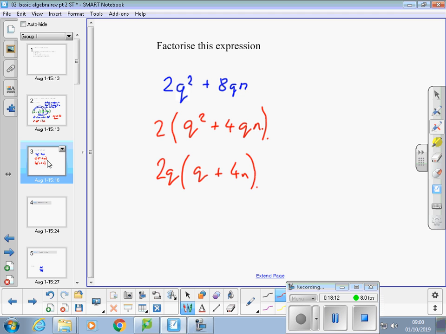Sometimes there's two different things that you can factorise, but you can't factorise both of them. So again, there might be two variables and I could factorise q or I could factorise n, but the way the expression is, I can't get both of them outside brackets because they don't match. Everybody reasonably happy with factorisation?